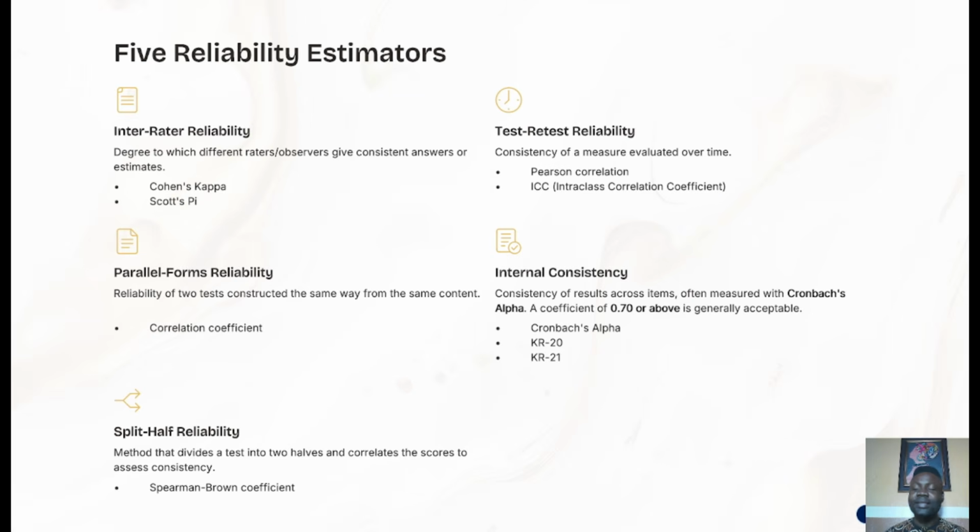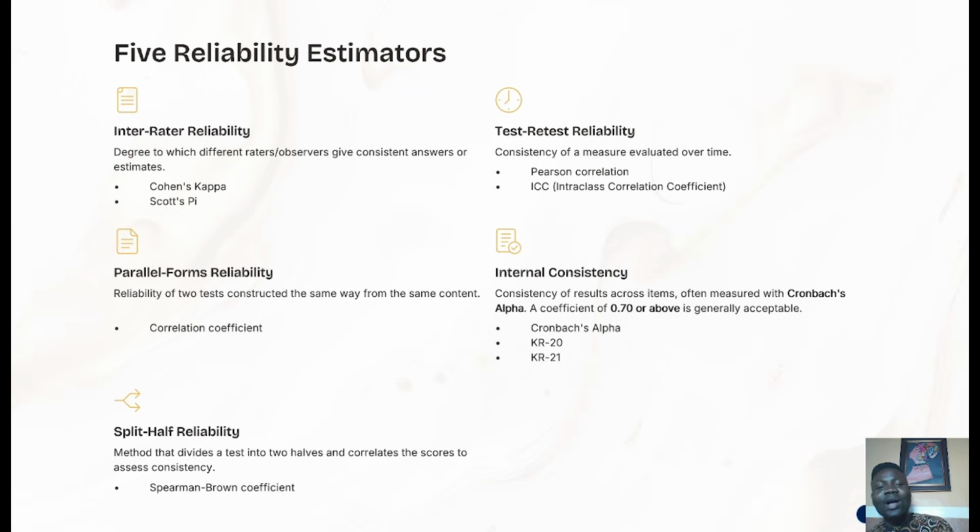We have those things. And Mr. A, an experienced rater, scores the person 5, 4, 3, 2, and the other one also scores 5, 4, 3, 2, or there is just a little difference. So the reliability estimator for those kinds of instruments is inter-rater.